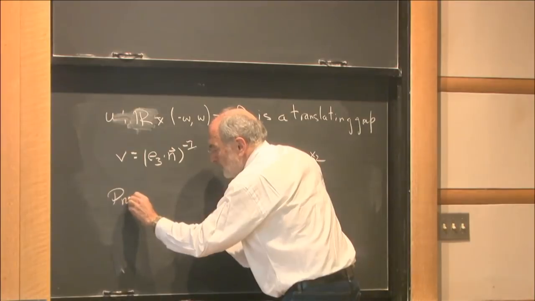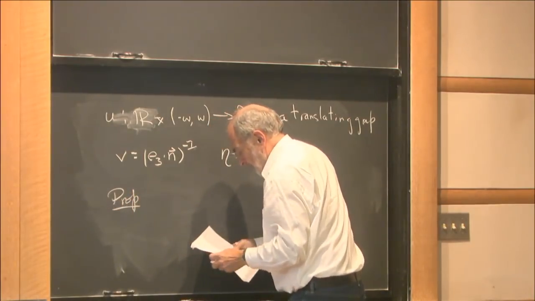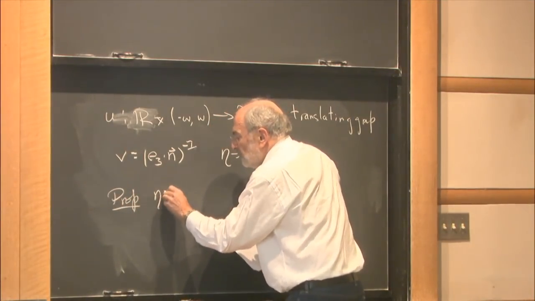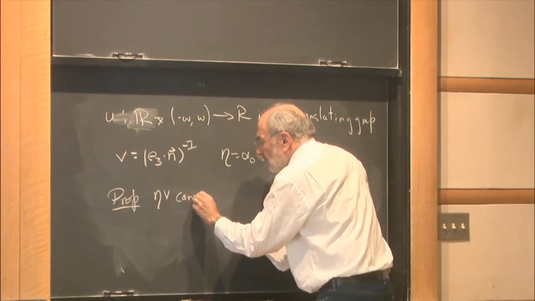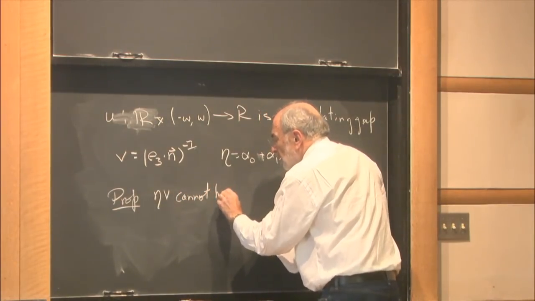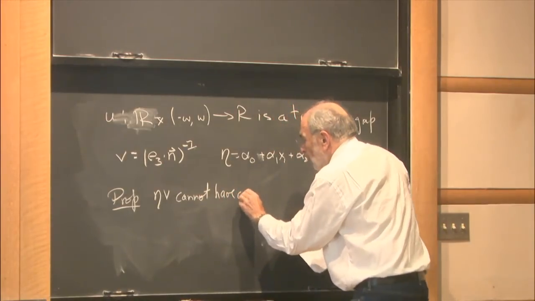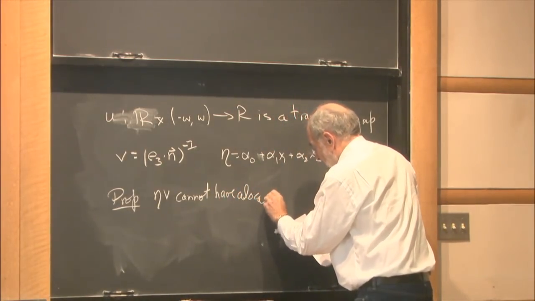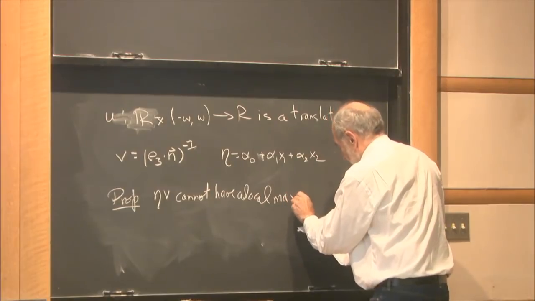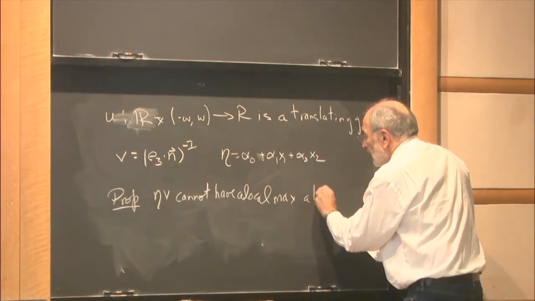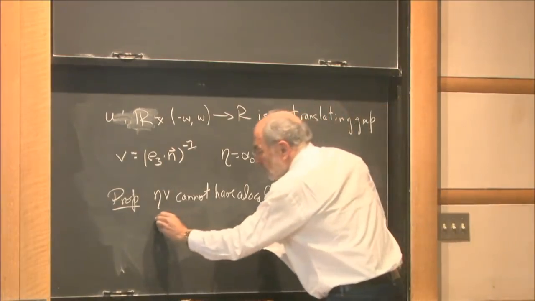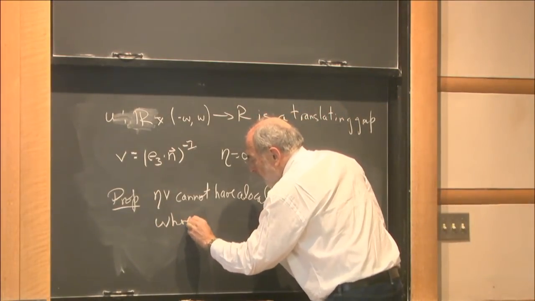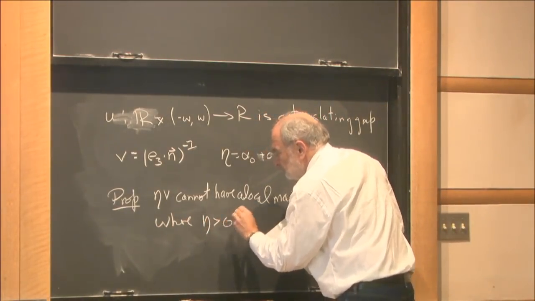And the proposition I'd like to prove is this. eta times v cannot have a local max at a point where eta is positive.